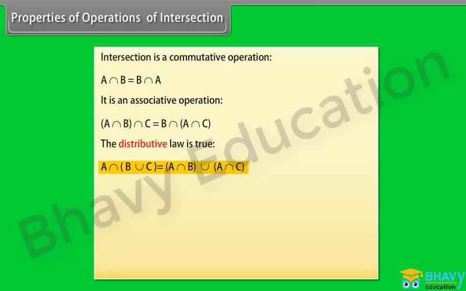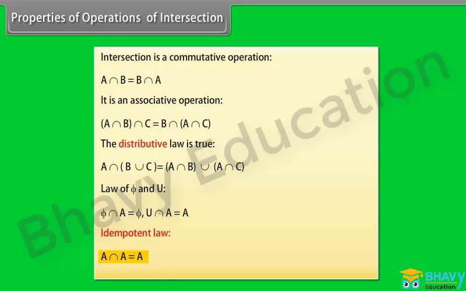A intersection (B union C) is equal to (A intersection B) union (A intersection C). Law of phi and U. Phi intersection A is equal to phi. U intersection A is equal to A. Idempotent law. A intersection A is equal to A.